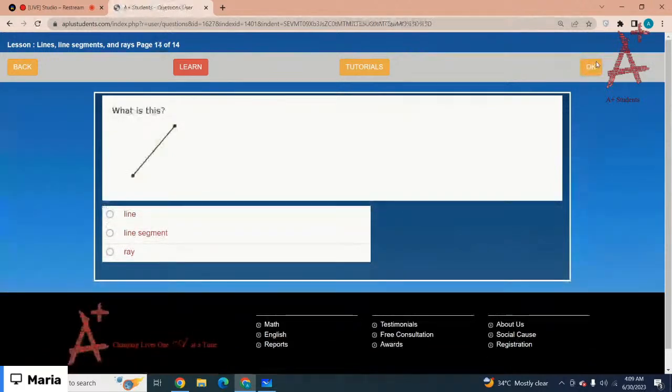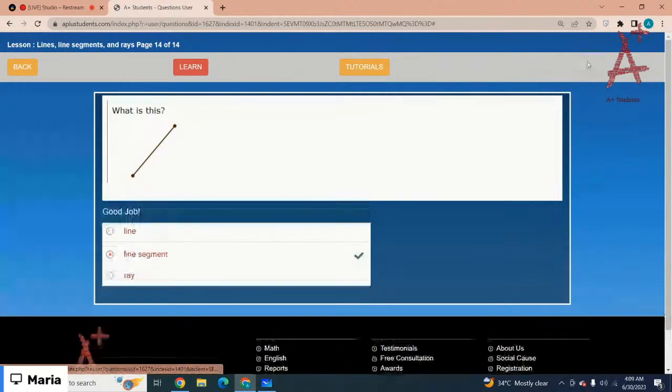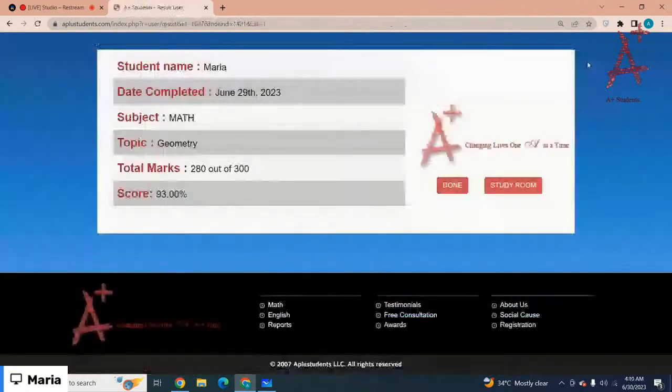Okay, what is this? It has two endpoints, so it is the line segment. If it has just one endpoint, that is a ray. If it has two endpoints, that is a line segment, and if it has arrowheads on both sides, then that would be the line. Okay, we are done with the lesson. Let's move on to the next lesson.